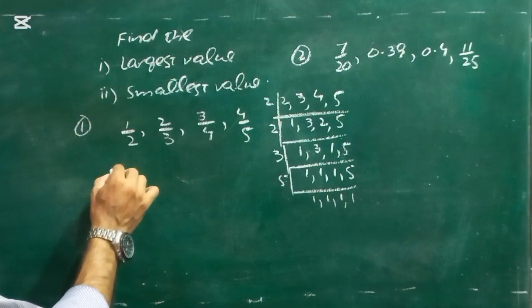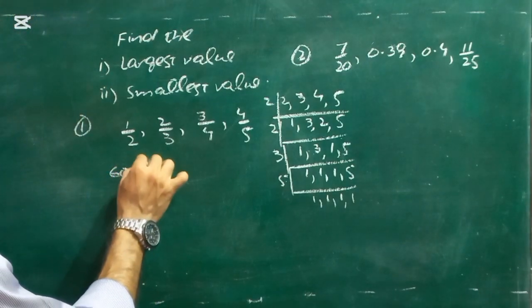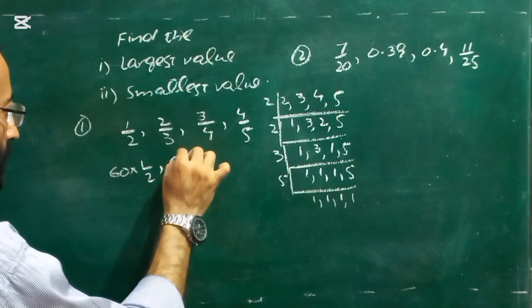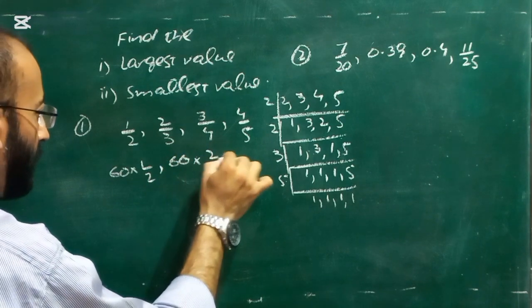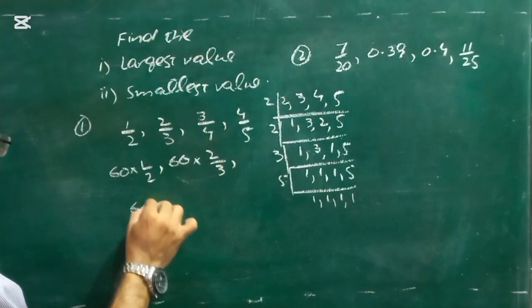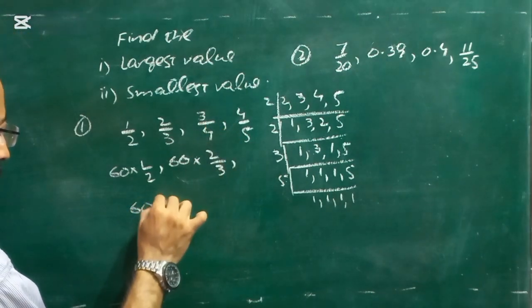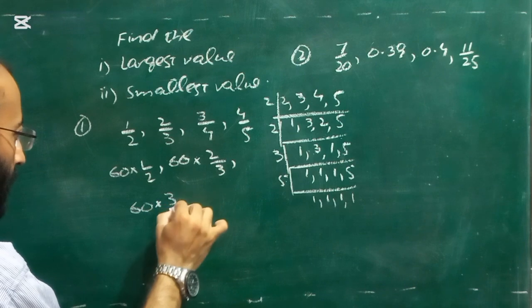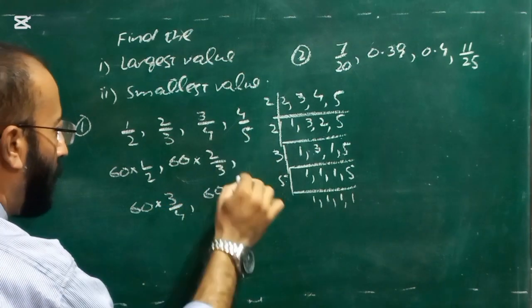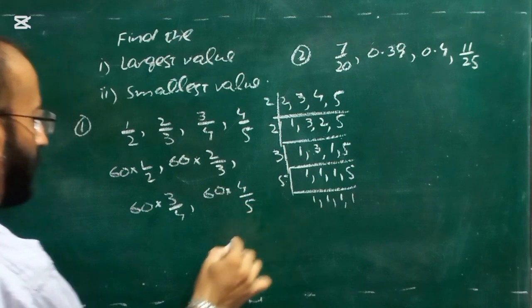Look now, 60 multiplied by 1 by 2, 60 multiplied by 2 by 3, 60 multiplied by 3 by 4, and 60 multiplied by 4 by 5. And now we will solve them.